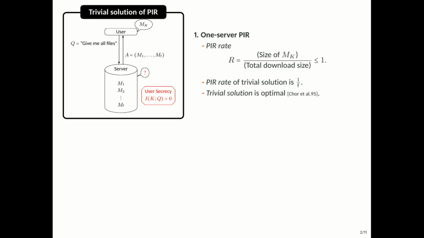In this solution, the user can pick the targeted file MK, but the server doesn't know which file is the targeted one. The efficiency of a protocol is evaluated by PIR rate, and the rate of the trivial solution is 1 over F, since F files are downloaded, but only one file is the target. Unfortunately, it is proved that this trivial solution is optimal.